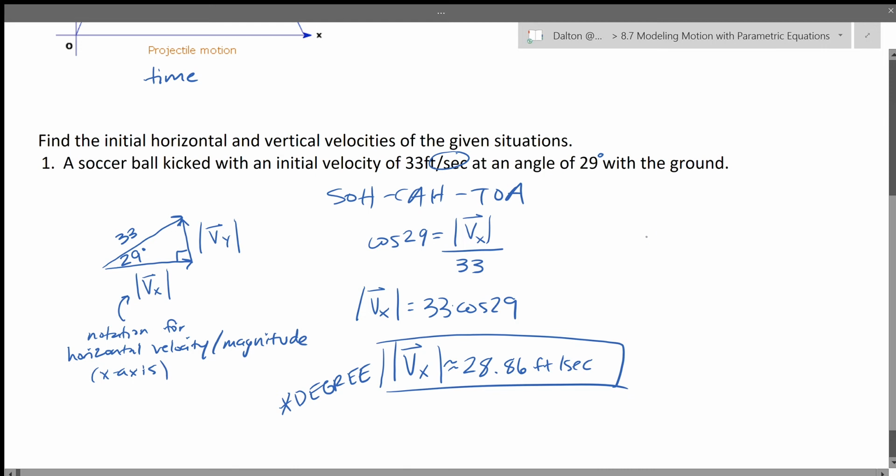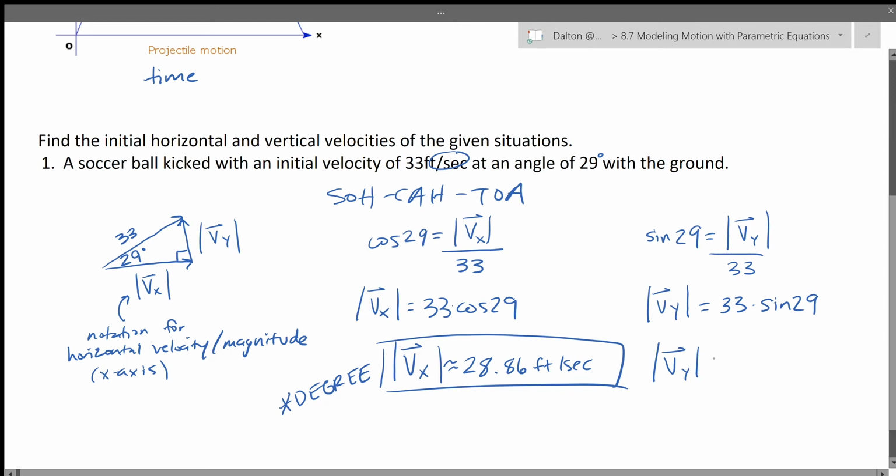This time, the sine of 29 degrees is equal to the initial vertical velocity, v sub y, over 33. Same thing, we multiply both sides by 33. So our initial vertical velocity will be 33 times the sine of 29.